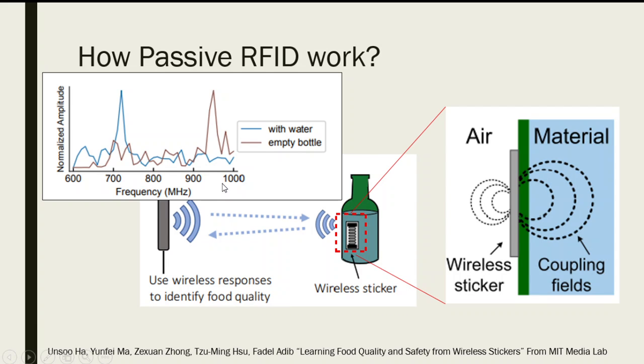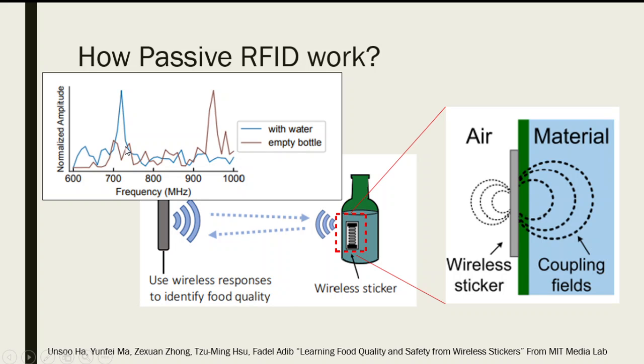So here I have given you an example which can be found in this particular paper done by MIT Media Lab. In that they have clearly shown when this particular bottle is empty, the center frequency or the frequency with highest amplitude is around 950, but when it is filled with water, the center frequency changes to somewhere around 700 megahertz.